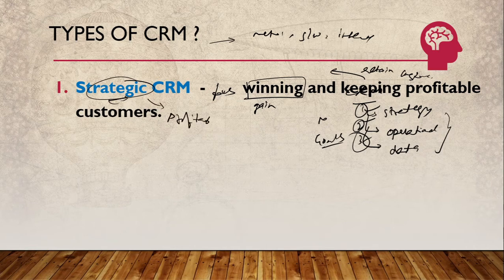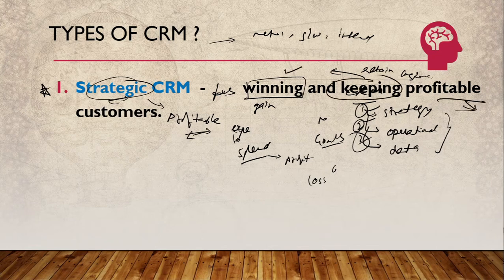Not all customers generate profits for you. Some of them you might be spending more on than earning from them. So there is no point in maintaining a customer relation with loss making customers. Strategic CRM focuses on all these important aspects: winning, keeping, and the profitable customers.